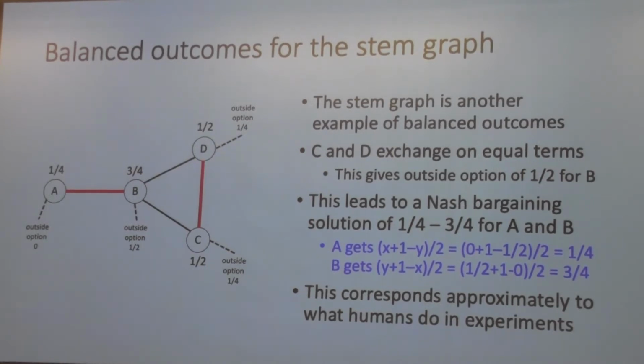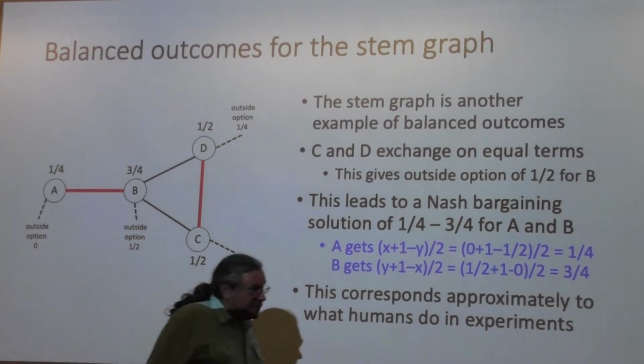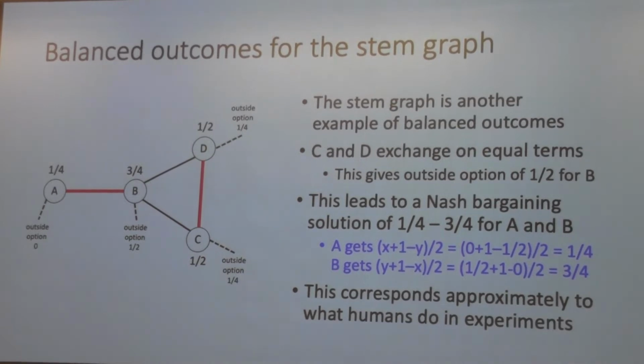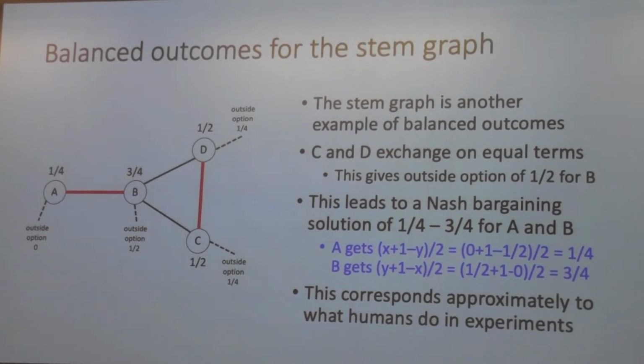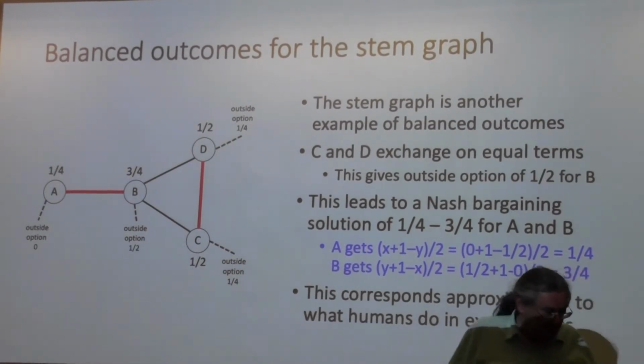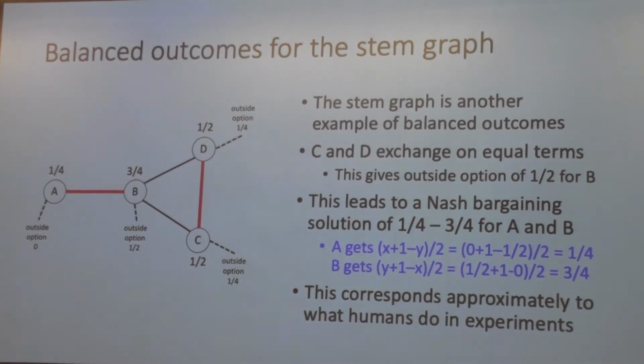Now, if you put 4 humans in a room and you let them negotiate, they do come up with something that's similar to this. In experiments, humans go similar to that. It's interesting, huh? So if you're ever negotiating in a small network with other nodes, it's very important to find out who knows whom, so that you know the topology, and then you can figure out your best way of negotiating, okay?